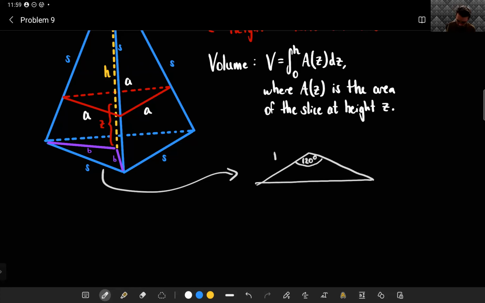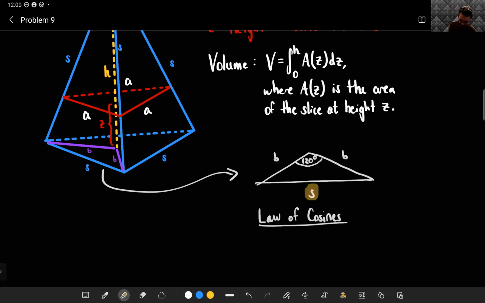This side length is B, this side length is B, this side length is S, just from the diagram. There are a lot of ways to figure out a formula for B in terms of S. Perhaps the quickest way is the law of cosines, which most people forget after they see it, but it's like a fancy version of the Pythagorean theorem.